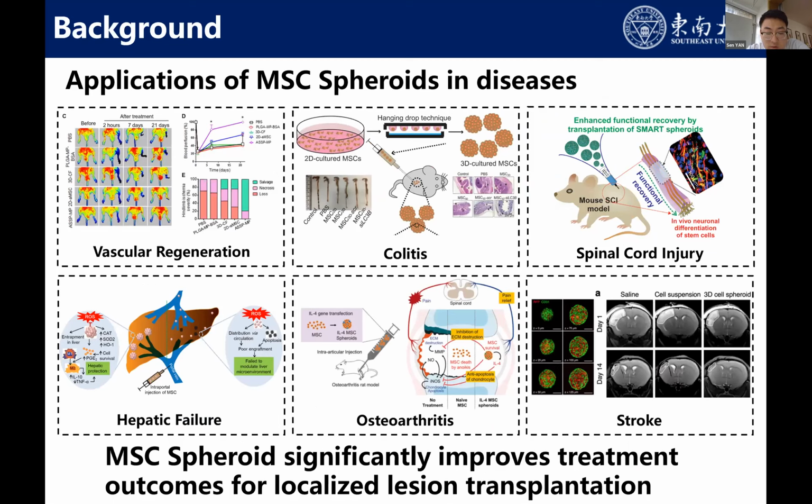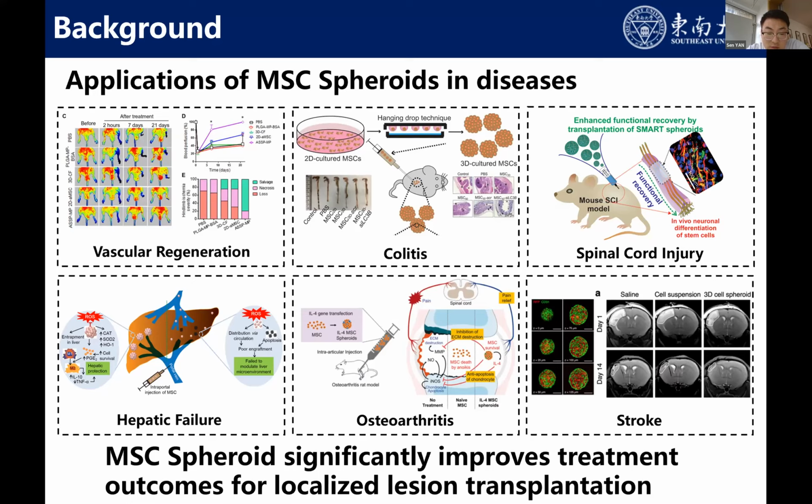MSC spheroids have better therapeutic effects and have been used in various preclinical animal studies, such as vascular regeneration, colitis, spinal cord injury, and stroke for localized lesion transplantation.